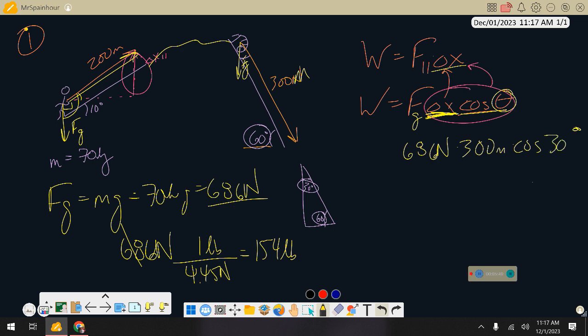So in this case, I take 686 times 300 times the cosine of 30 degrees, and you would get 180,000 joules. Key things to highlight in this particular one: the conversion between mass to force of gravity and force of gravity in newtons to force of gravity in pounds, or vice versa, and how we found the angle going up the hill, that is 90 plus 10, because of the angle, this is what you're trying to get.